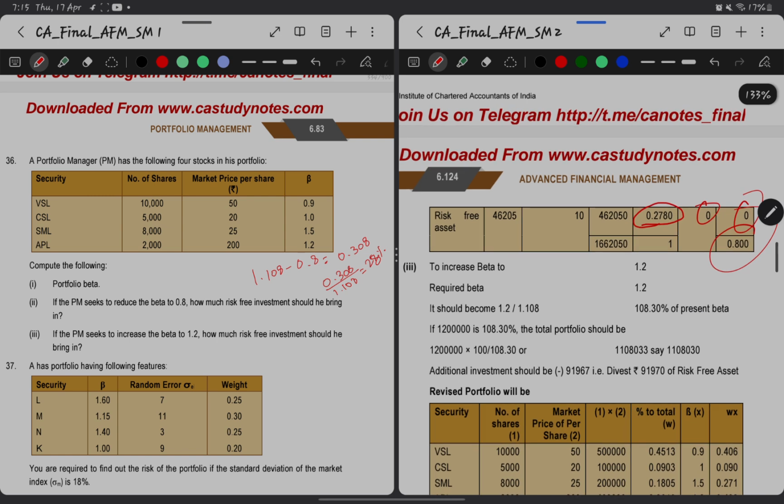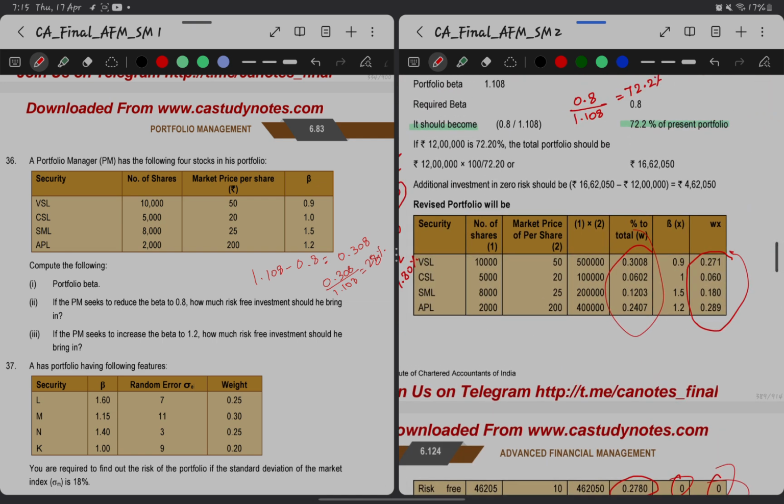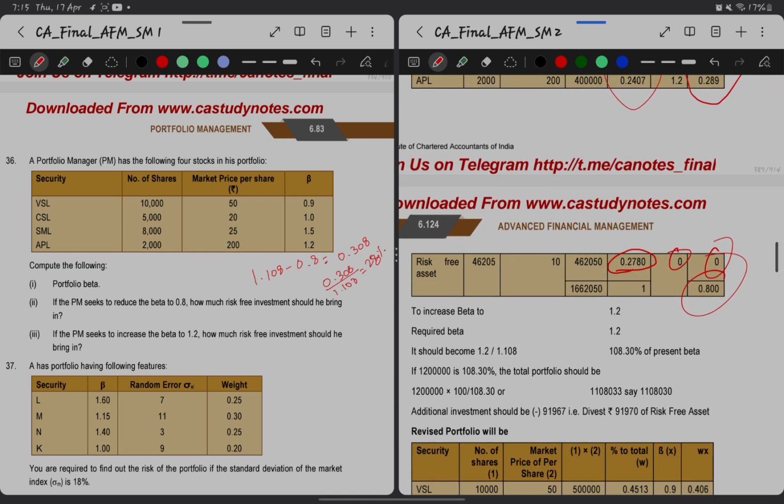That's it. Now the third portion: if the PM seeks to increase the beta to 1.2, how much risk-free investment should he bring in? In the second stage, we were reducing it to 0.8. Now we are increasing it to 1.2. So the same approach, whatever we did above, we have to do here.